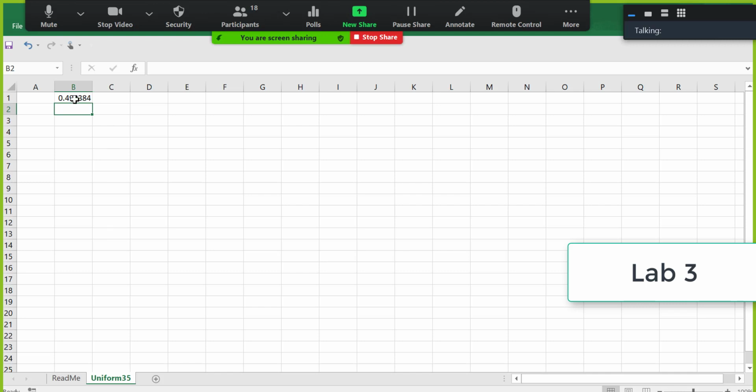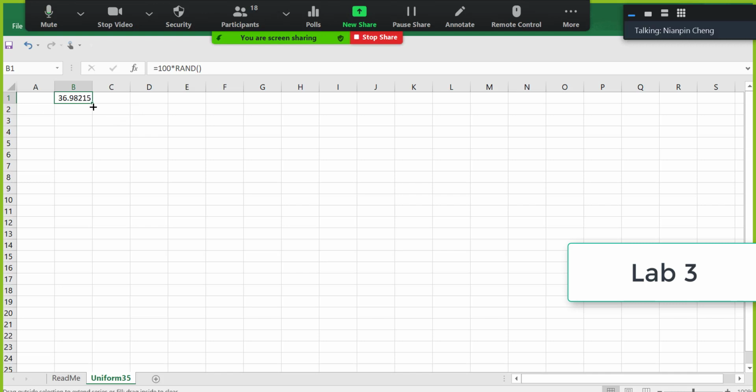Since our population is a random variable from 0 to 100, I just multiply by 100. That will give me a random number from 0 to 100. Okay, so we have 1 until 35.